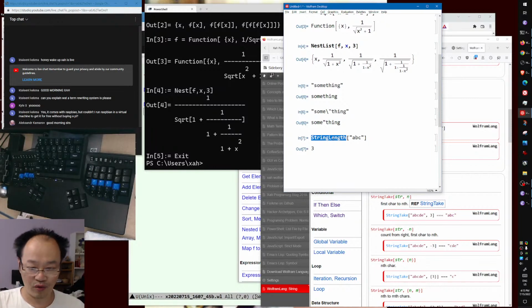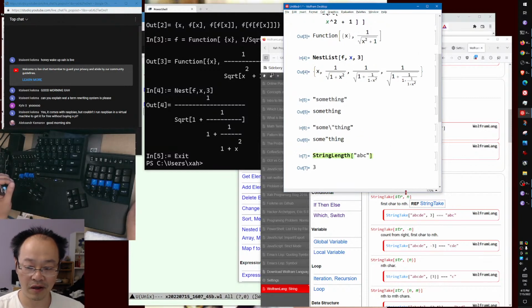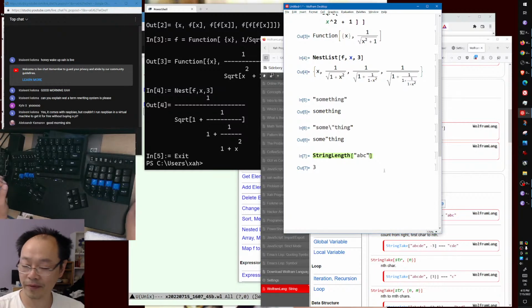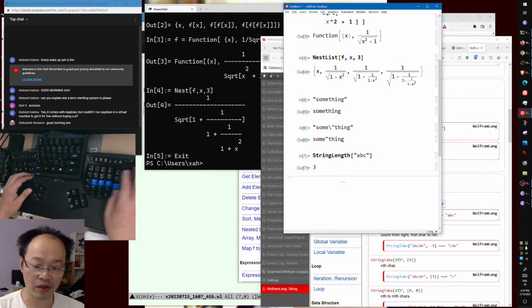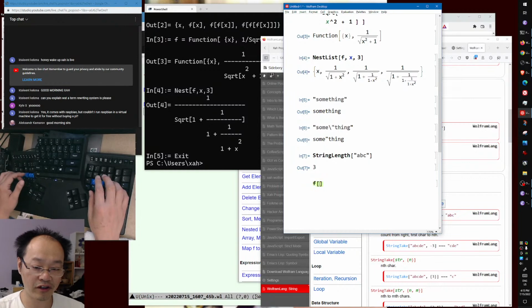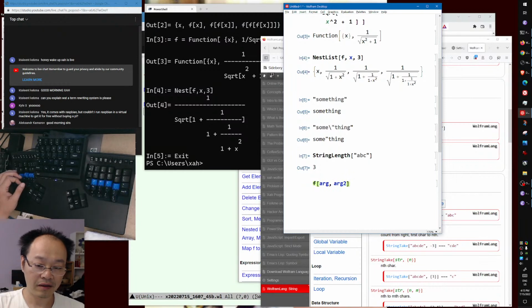Everything in Wolfram language is just an expression, and the way you do computation with an expression is you call a function like this. This is a fundamental principle of Wolfram language. Everything you want to do is just f, a function name, with an argument. And if you have two arguments, they are separated by a comma. That is all.